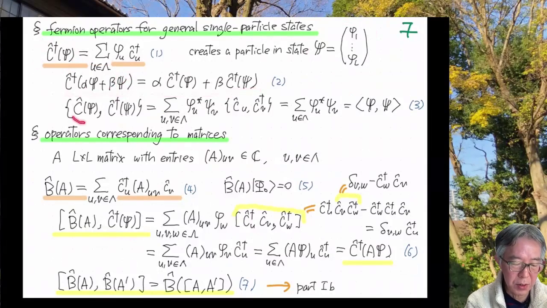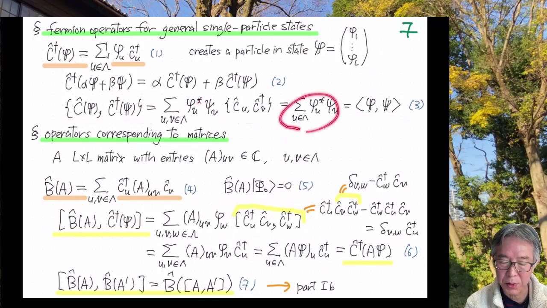And also this c phi is simply the conjugate of this thing. If you consider the anti-commutator of c phi and c dagger psi, then you precisely get this inner product. Why? Well, you simply plug in the definition, so you have to take the conjugate, so you have star and c, and this is simply this, and then this gives you Kronecker delta, so this becomes this, and it's just the definition of inner product.